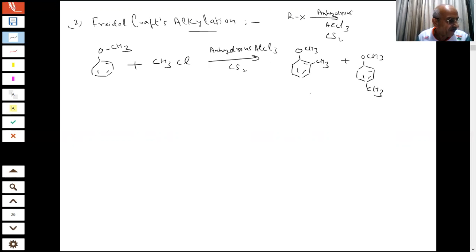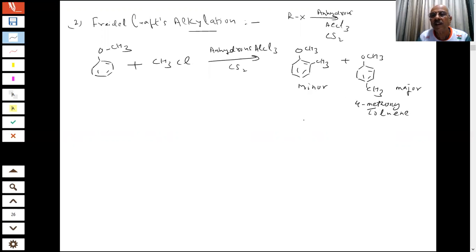So what is this? 2-methoxytoluene, which is a major product, and this is the minor product, and this is our 4-methoxytoluene.